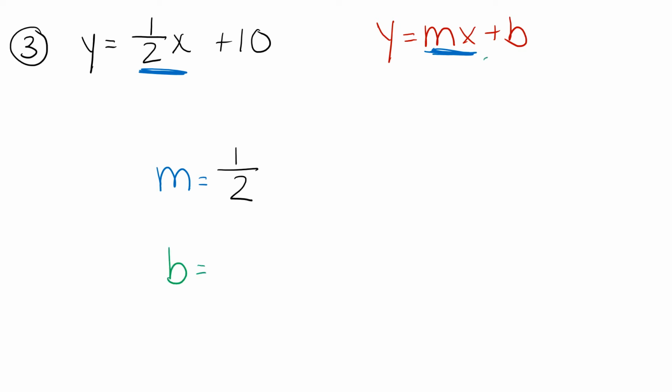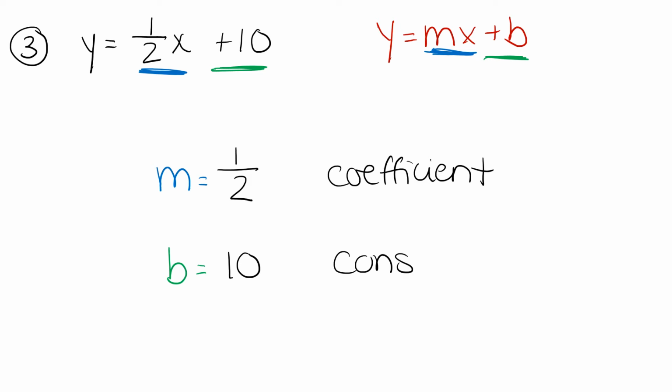The b value is what's left over at the end by itself. In this case, it's a plus 10. So 10 is our constant. Notice how I'm using all the different names that we listed earlier. We need to be familiar with all terms.